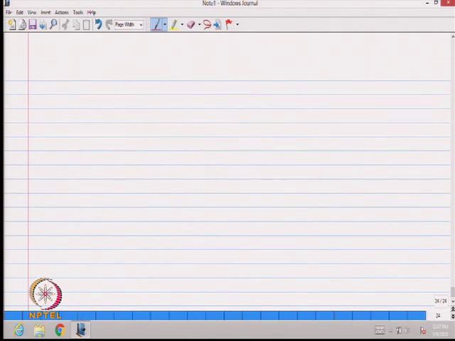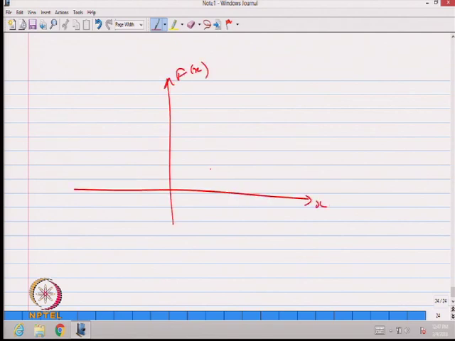We can draw the diagram for this nicely. When x takes a value from minus infinity to 0, it is 0. At 0 there is a jump of height 1 by 4. I am not scaling the graph.